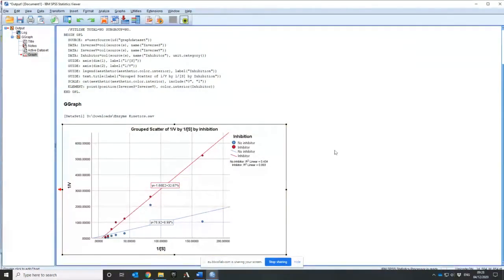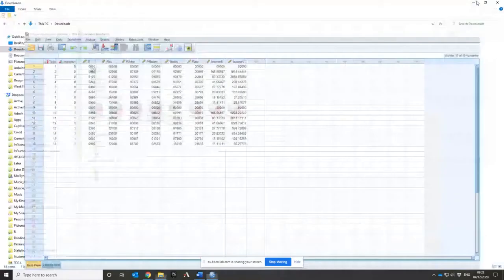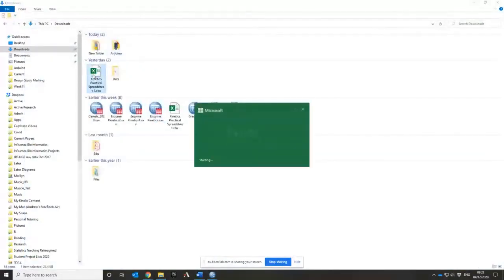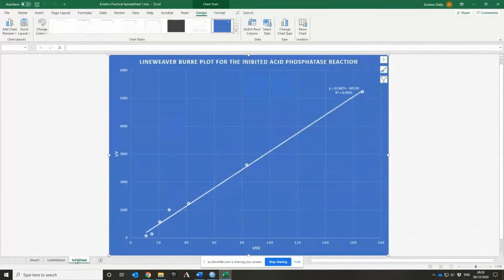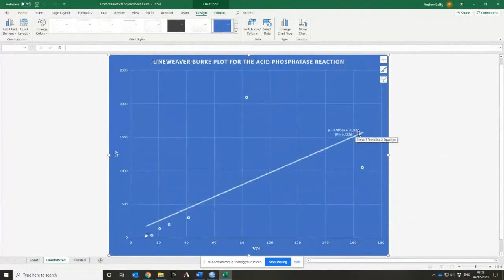So I've now got the lines, and it says y equals 76.92 plus 8.99 times x. I should have left my other one open, my Excel one open, so that we can sit there and go to this. So the uninhibited is 76.92, 8.99x.